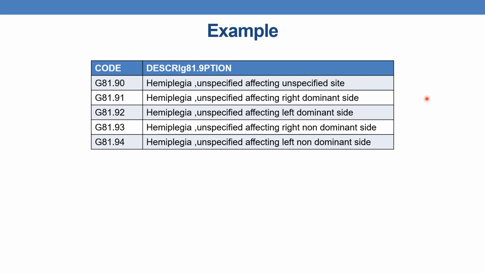G81.92 indicates hemiplegia unspecified affecting left dominant side. G81.93 indicates hemiplegia unspecified affecting right non-dominant side. And G81.94 indicates hemiplegia unspecified affecting left non-dominant side. So these are the various codes for one particular hemiplegia, unspecified.